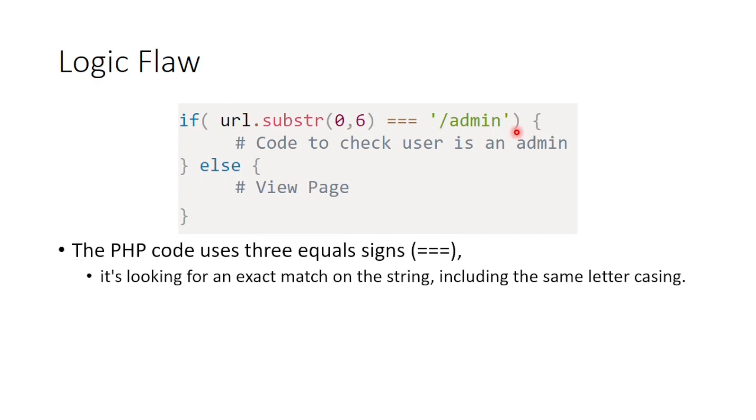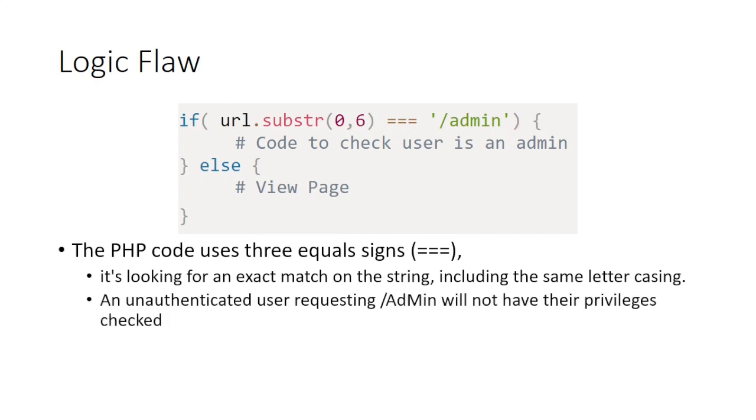So an unauthenticated user that requests /Admin, with uppercase A, lowercase d, m, i, n, will not have the privilege checked. And that's a logic flow. So let's try it.